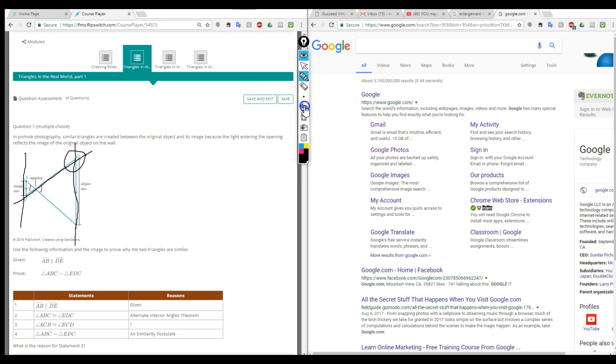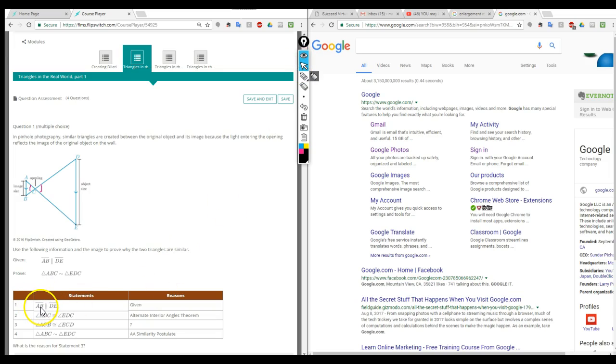If you look at this diagonal, it also creates a transversal between two parallel lines, and we can use those same postulates. So with that information tucked away in the back of our head, let's look through this proof and see which direction they were taking it.